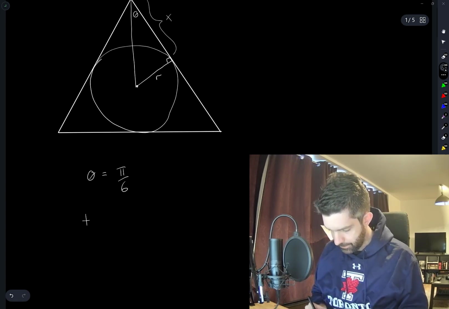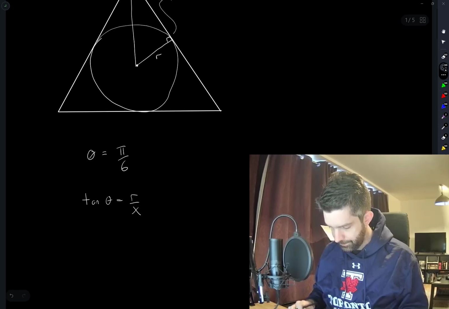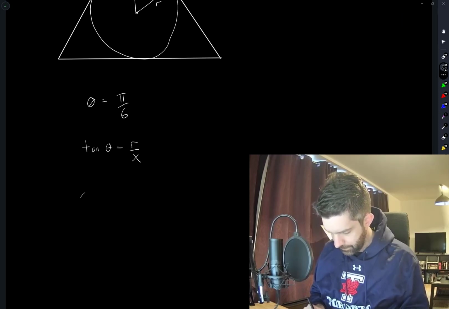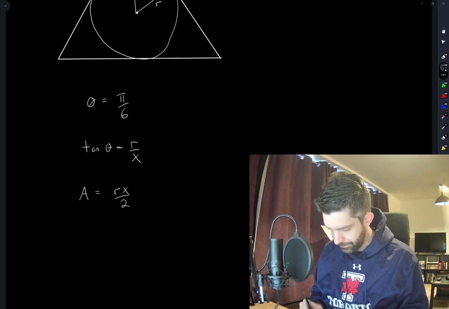Tan theta is r over x. So, what is the area of one of these triangles? It's going to be rx over 2.